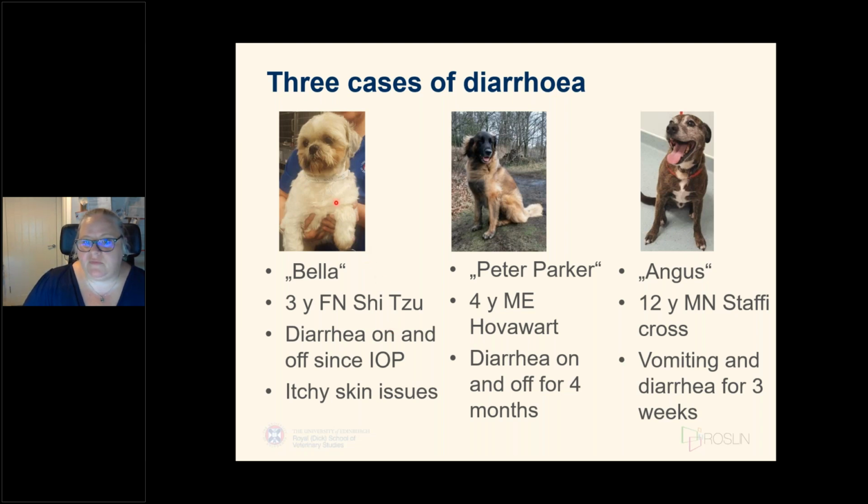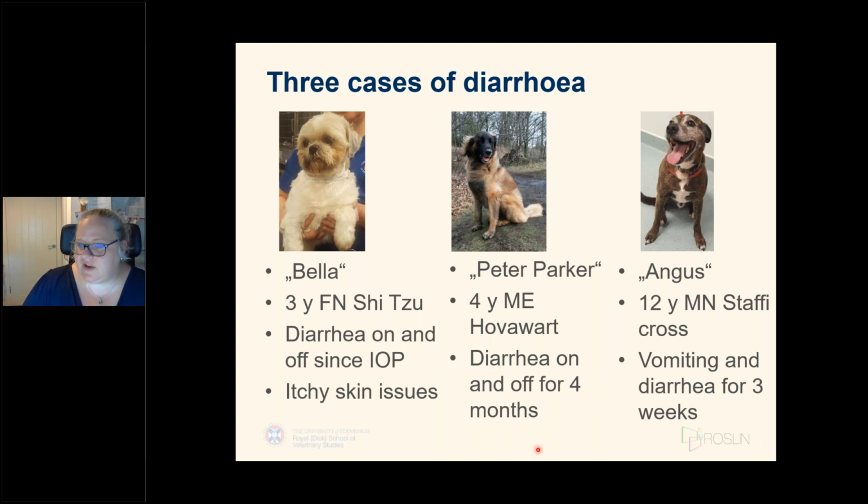So you can see here's Bella, a relatively young Shih Tzu, who has had diarrhea on and off since being in the owner's possession, and has also always had some itchy skin issues, probably a very familiar tale for most of you. Then we've got Peter Parker, a medium age Hovawart, not small for a large breed, and he had diarrhea again on and off, but for a shorter period, about 4 months.